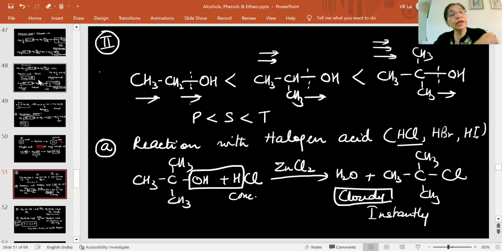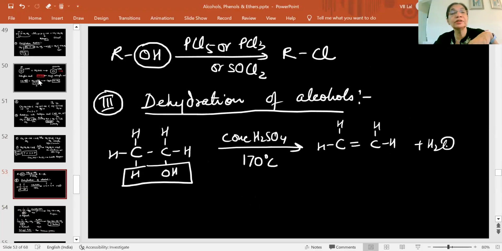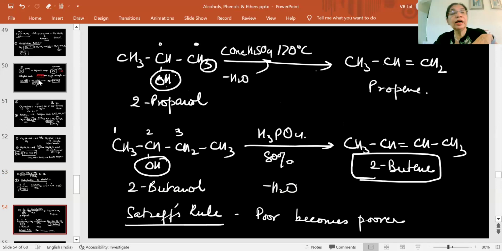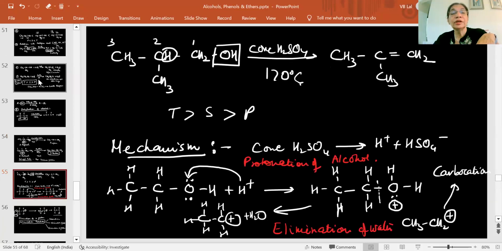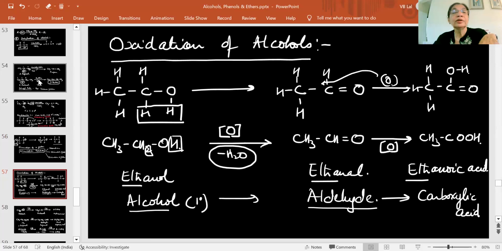Then we talked about the second type of reaction where the OH group breaks. So we talked about reaction with halogen acids, and the reaction of Lucas reagent. Then dehydration of alcohols, and the mechanism. Then elimination reaction of alcohols.